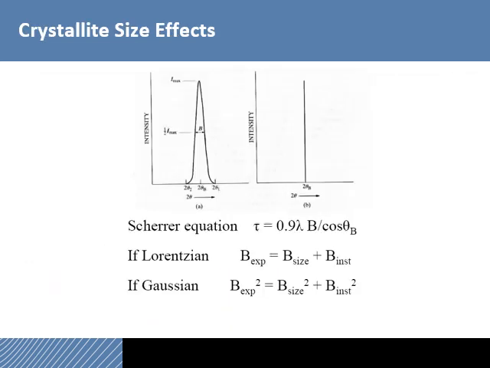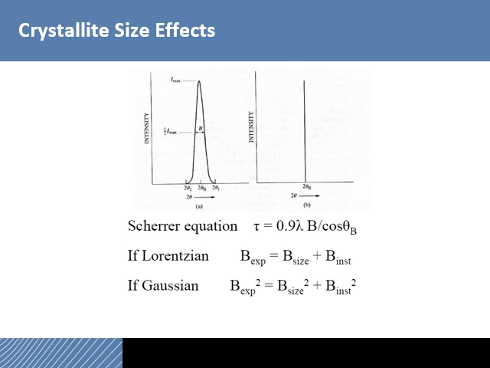Crystallite size effects, we've talked about this at some length. We know that from the Scherrer equation, there's a relationship between the full width half max of our peaks and the size of the crystallite, given by the first equation on there. This also comes into effect in how it's calculated depending on whether your peak shape is Lorentzian or Gaussian.